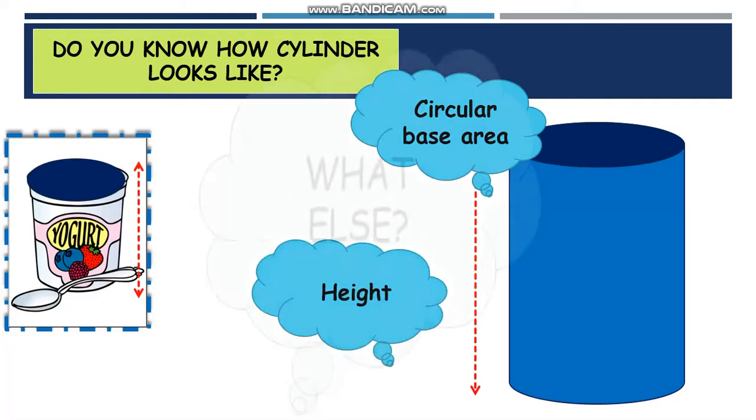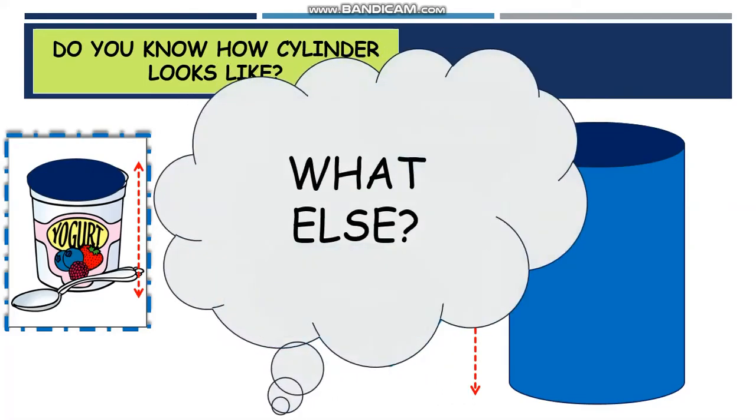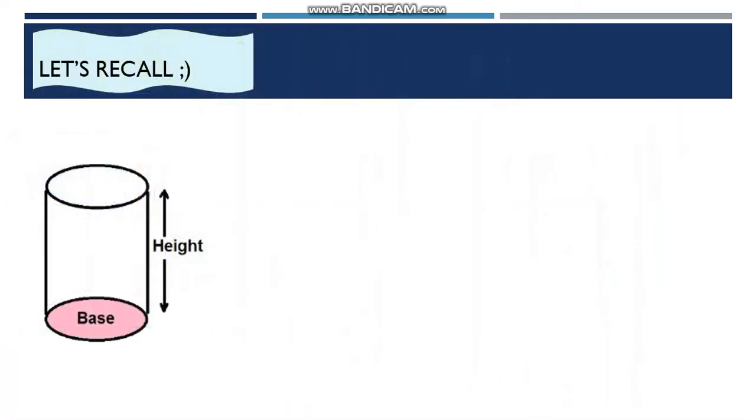What else? When we say the cylinder has a base and height, we can also think about other geometric shapes. So, what is the special property or element that the cylinder has?